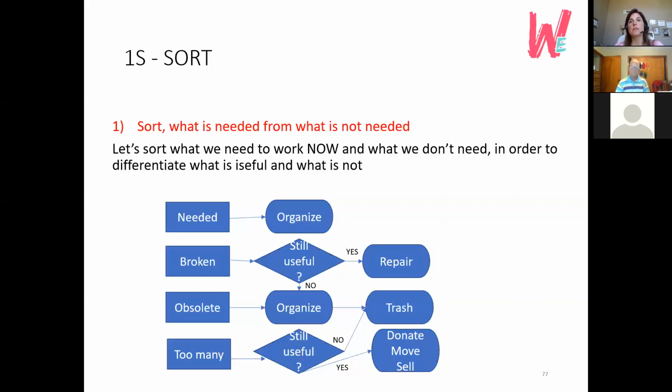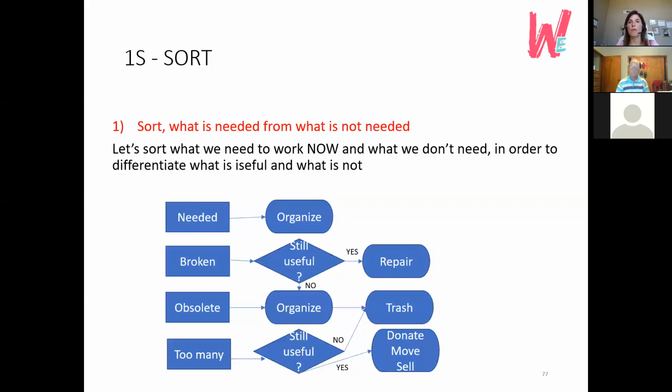In some cases, it happens when you have machines that have parts that get obsolete through time, maybe because you just replace the machine. So again, if you can label all the parts with the number of the machine, you can identify, whenever you replace the machine, which are the parts that are obsolete or which are the ones that you don't need anymore. But this has to be part of the procedure of the machine, of the department.